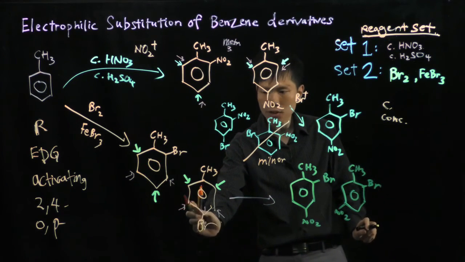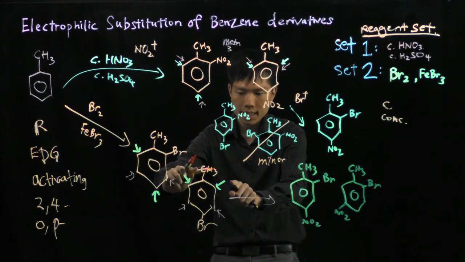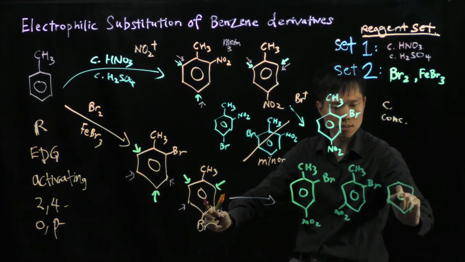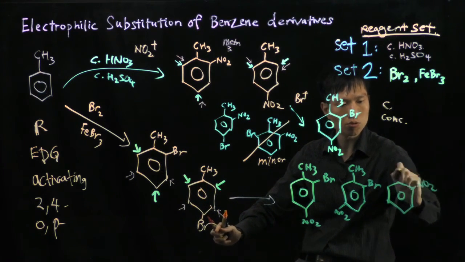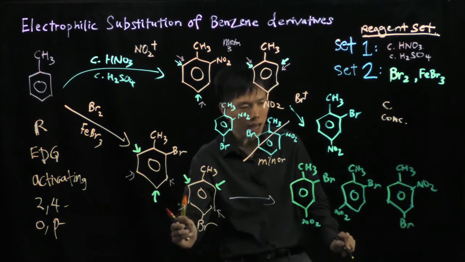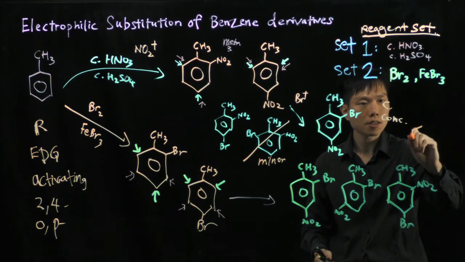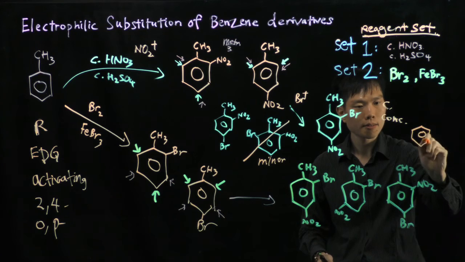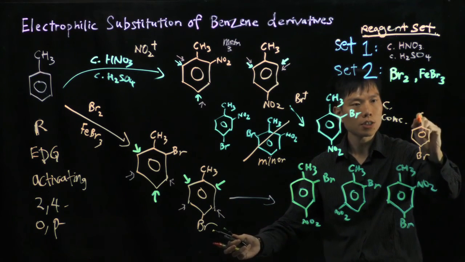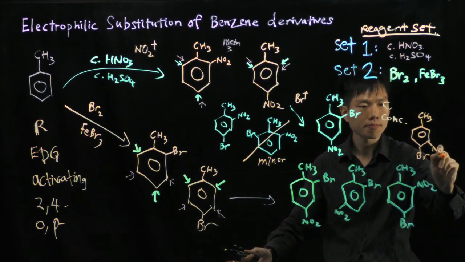And if I put the NO2 here, we would get NO2, CH3, Br there, and we also have the last molecule, which is Br, CH3, and then the NO2 is here.